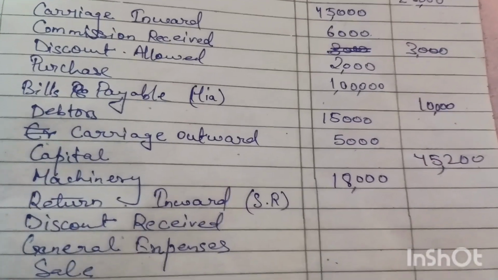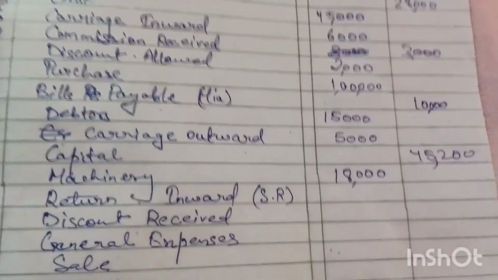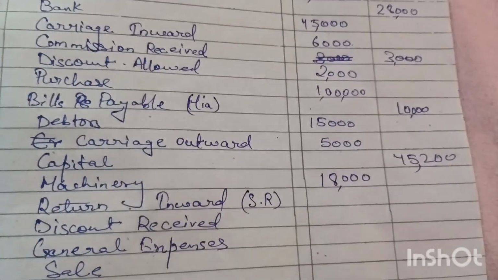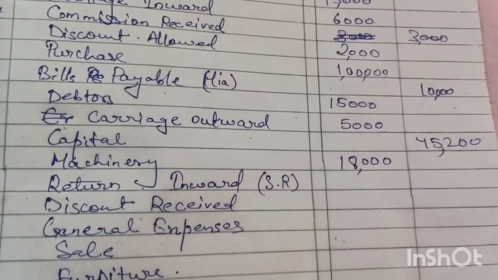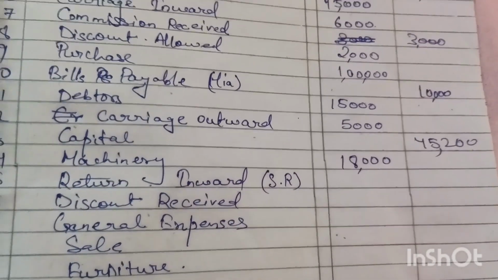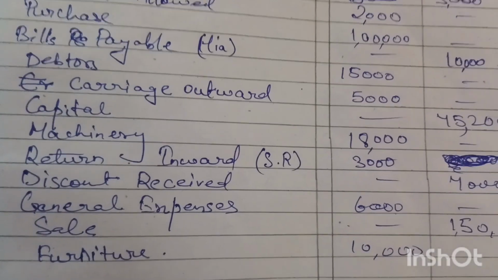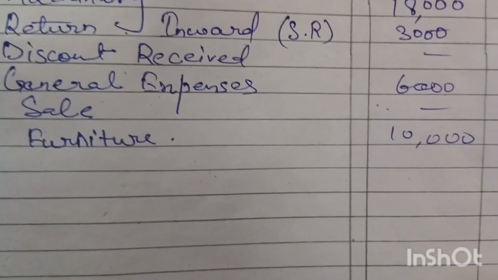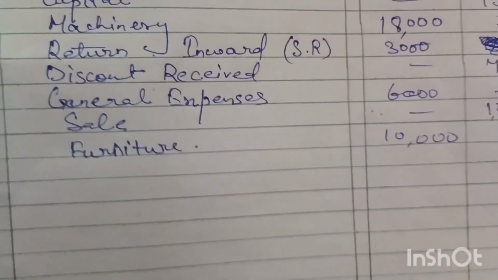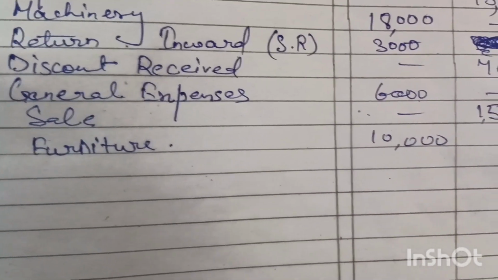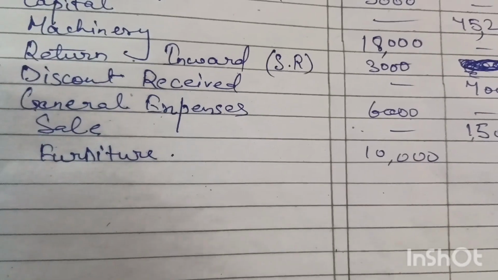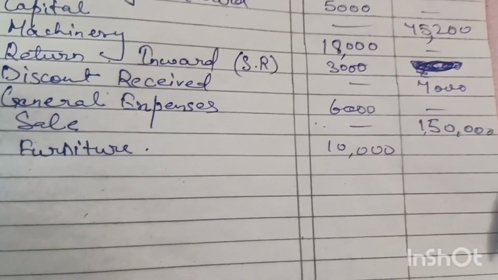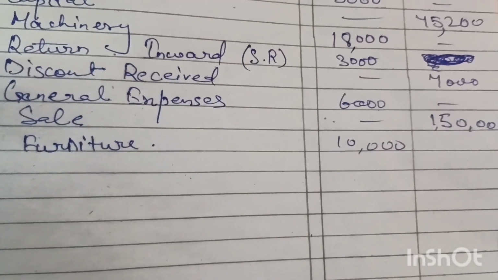Machine is an asset, debit side. Return inward is sales return, so it is our expense and will go on the debit side. Discount received is income, credit side. 4,000. General expense, debit side. Sales, credit side. Furniture, asset, debit side.